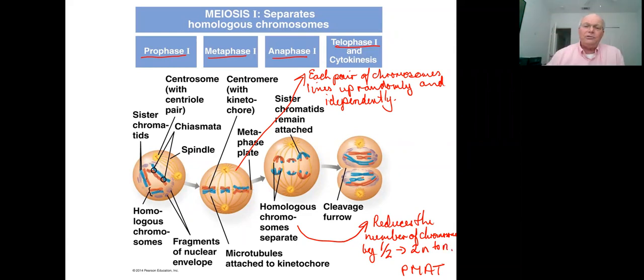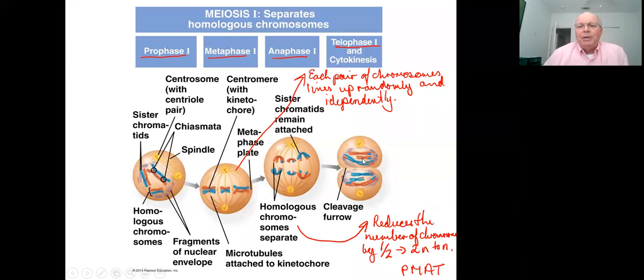So this is where the actual reduction in chromosome numbers is taking place, when the homologous pairs separate because the chiasmata break and allow them to separate and migrate to opposite ends of the pole, opposite ends of the spindle.